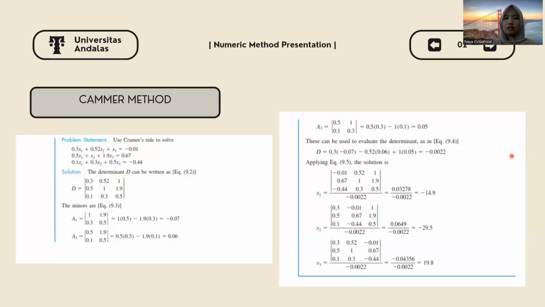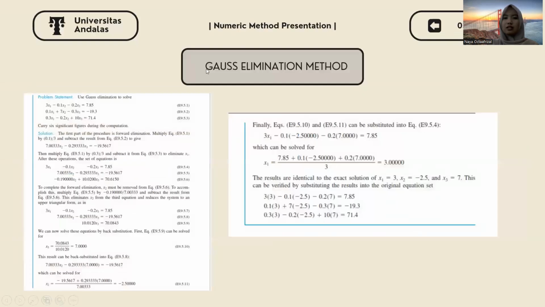Next is the Gauss elimination method. As you can see in here, the example of Gauss elimination is this equation. There are three equations that we can use.